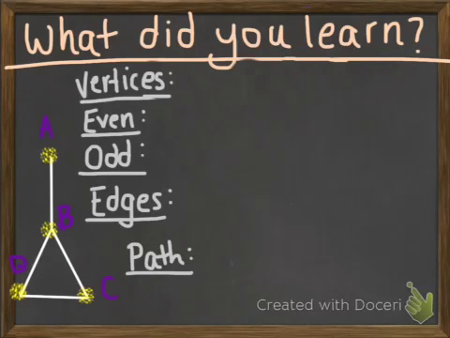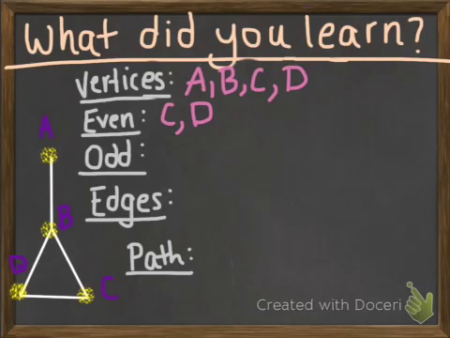Let's find how many even vertices there are. We have C and D as even vertices. Why? Because both C and D have an even number of edges. They both have 2 edges. Now, which vertices have an odd number of edges?